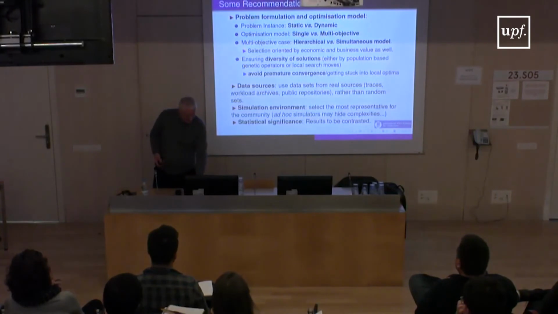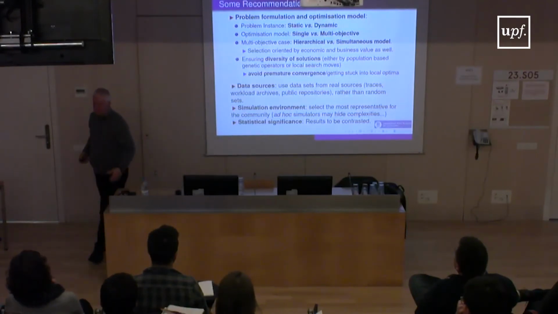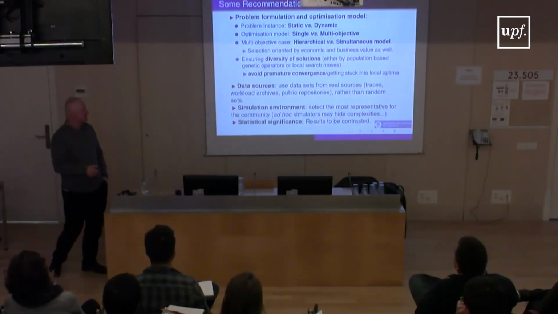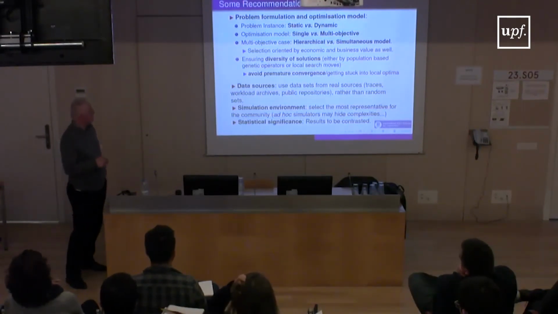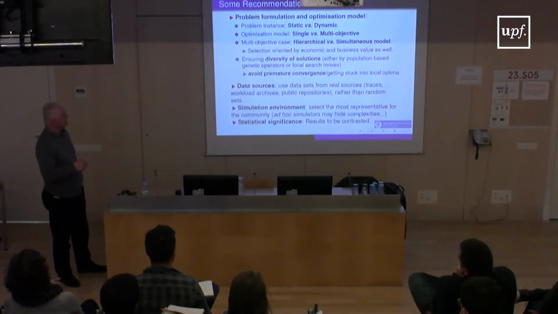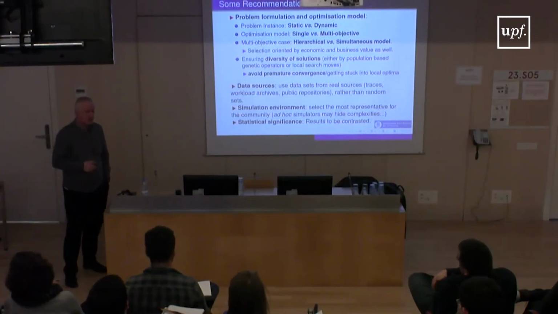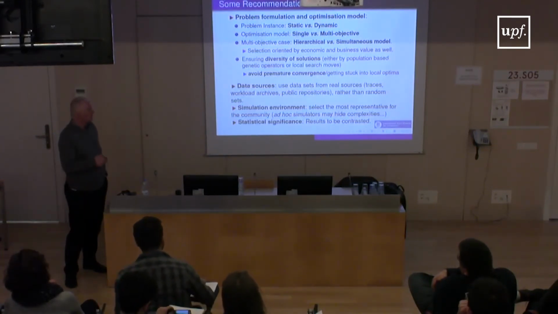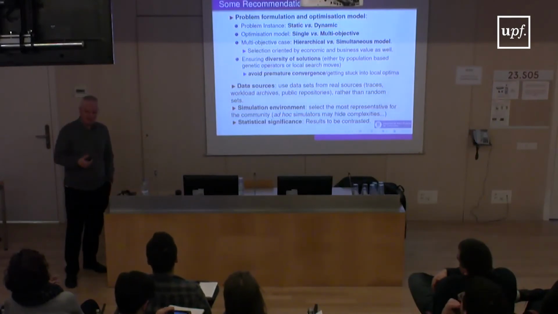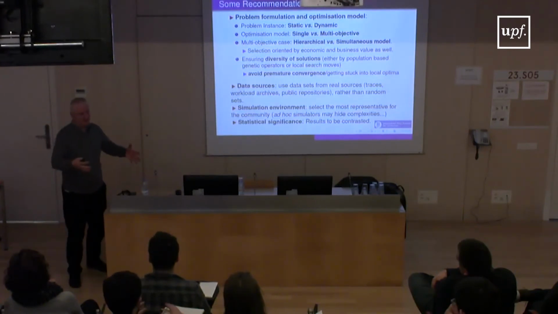And finally, some recommendations. If you would like to consider or investigate some problem in this context, some of the recommendations I would briefly give are, when you formulate the problem, first look at the static versus dynamic case. These make the optimization very different. Usually most people start with a static case, where you have the problem instance beforehand, and then you optimize.